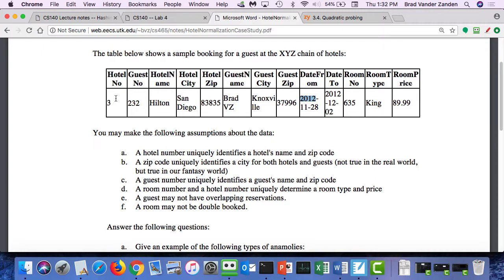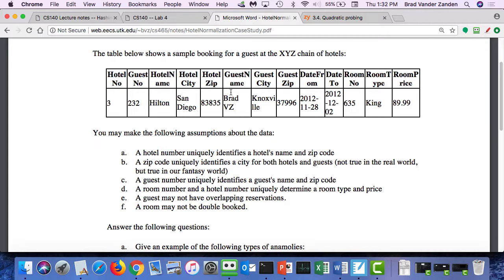I can also use the hotel number, the room number, and the date because rooms can't be double booked. So if I choose the primary key to be the hotel number, the room number, and the date, now guest becomes an insert anomaly because I can no longer insert a guest unless I have a reservation for that guest.